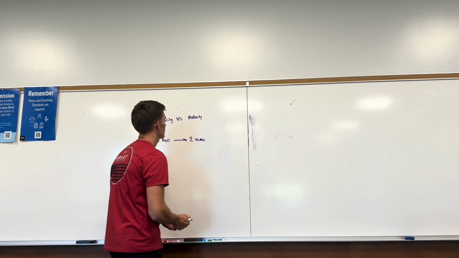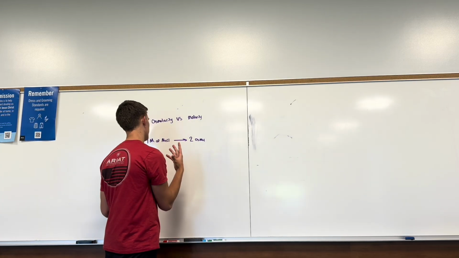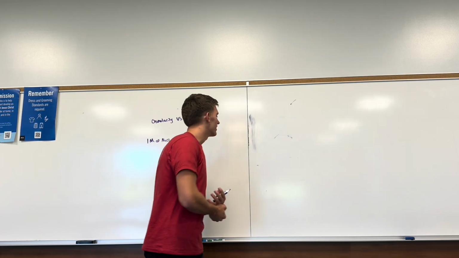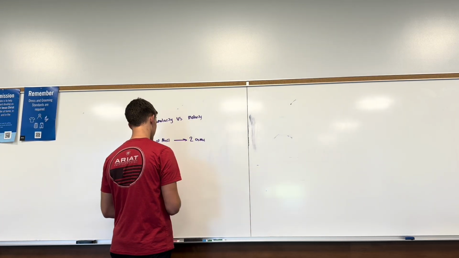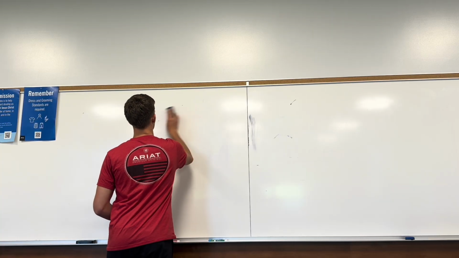And so that's the difference: molarity is like 1 mole of a molecule, and osmolarity is basically what that'll turn into in the liquid, and so how many particles of solute it is. Okay.